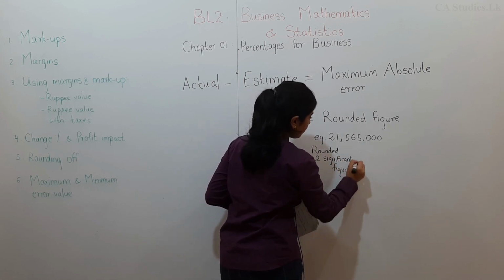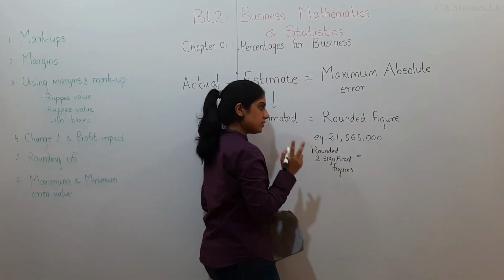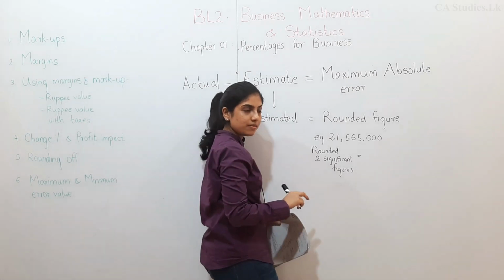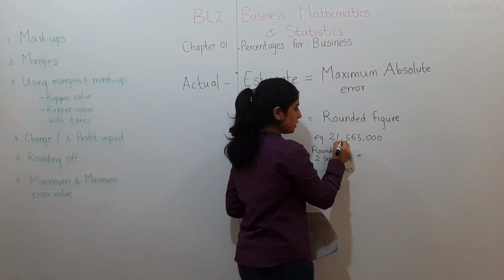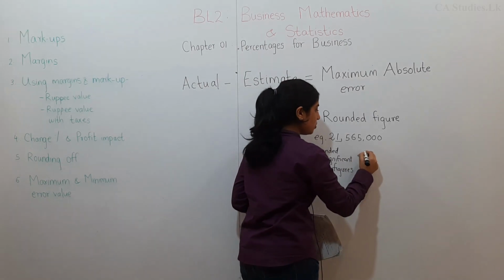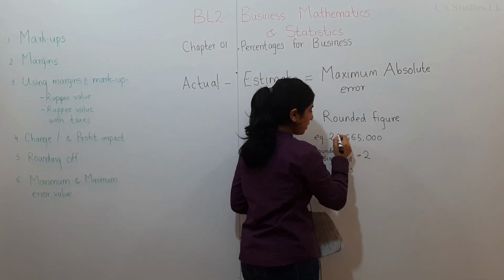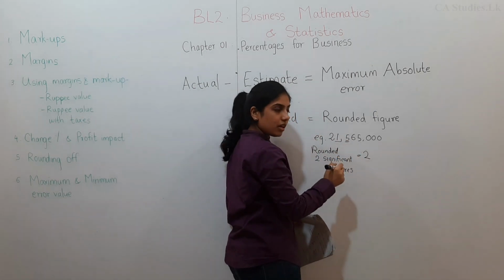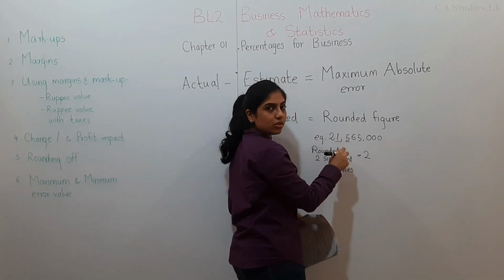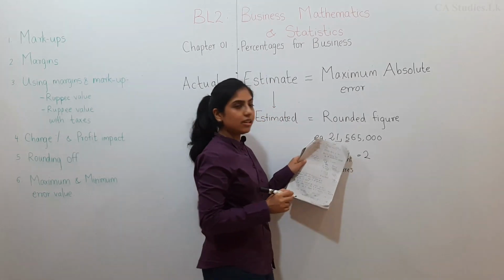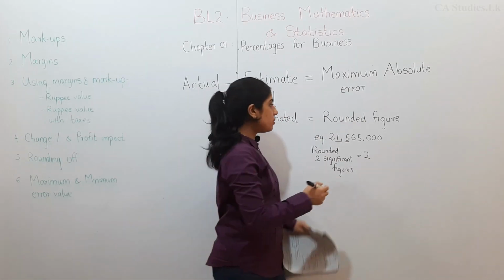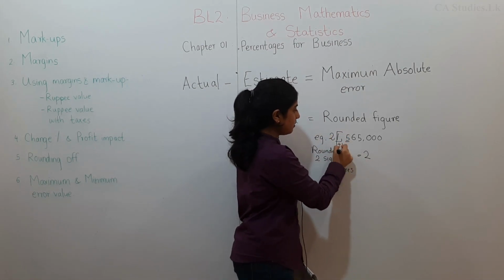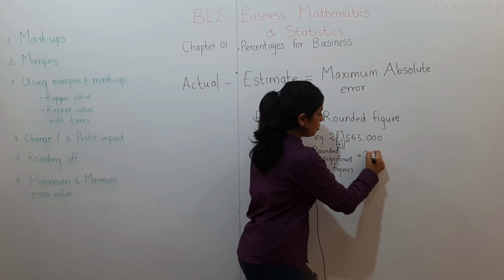As we learnt, we find the second significant figure, because they want only up to 2 significant figures. The second significant figure is number 1. After the 1 we see the digit is 5. Greater than or equal to 5 is the criteria, and it is equal to 5. So add 1 to the place value digit, which is the second significant number, which is 2.